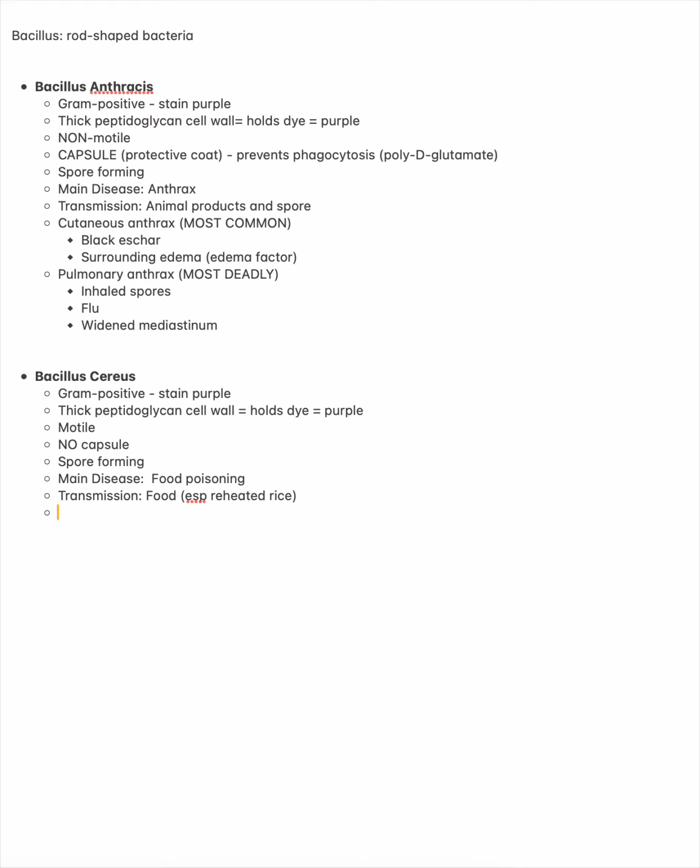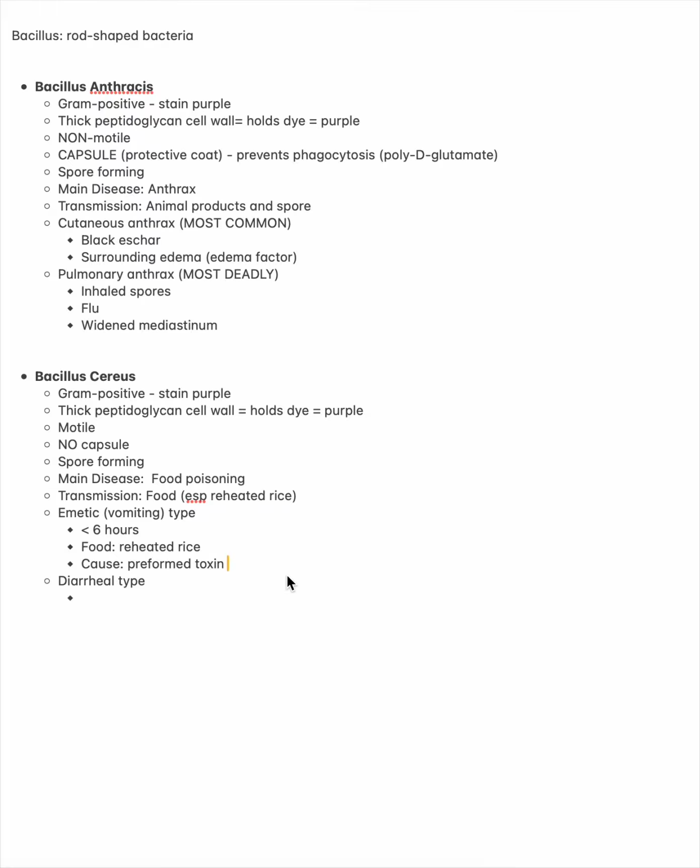Bacillus cereus, we have also two presentations. We're going to have the emetic or vomiting type, and then the diarrheal type. The emetic type has a more rapid onset, in under 6 hours after eating. What mostly causes this type is reheated rice, and it's caused by a preformed toxin.